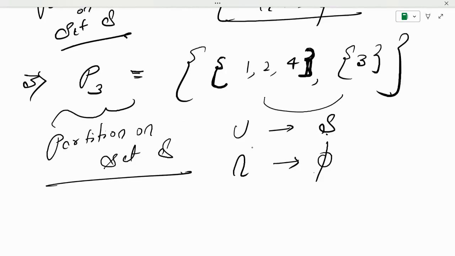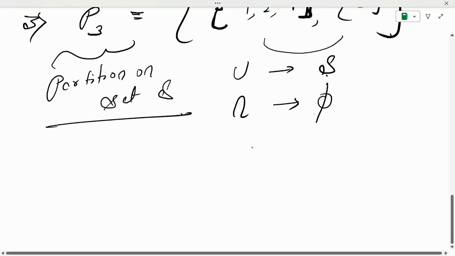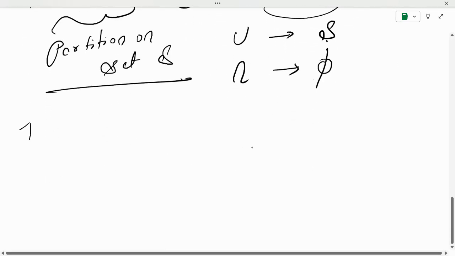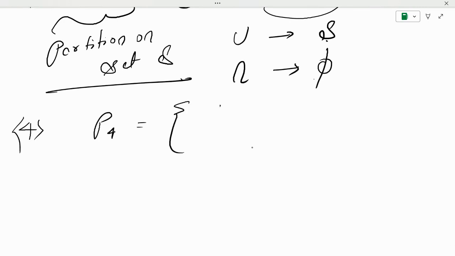Now let's say we have a P4, and P4 consists of {1, 2, 3, 4}. It has only one subset.